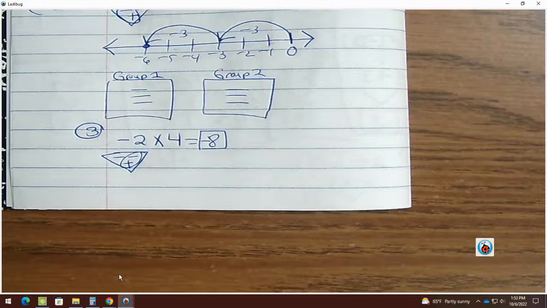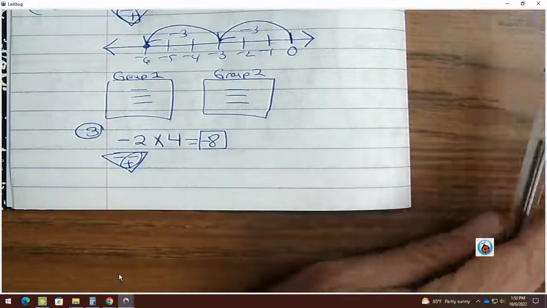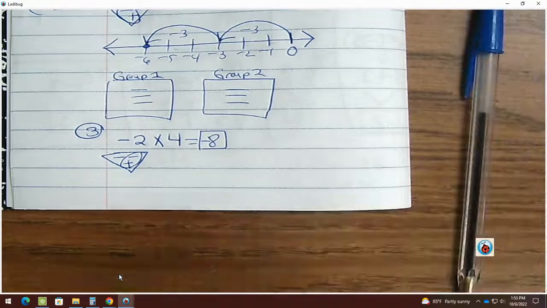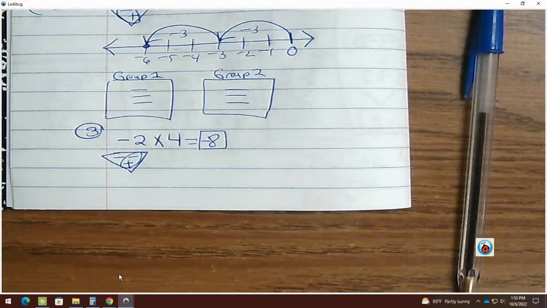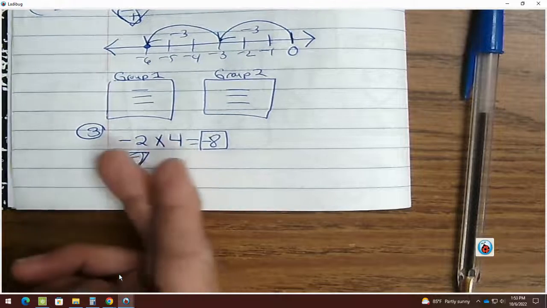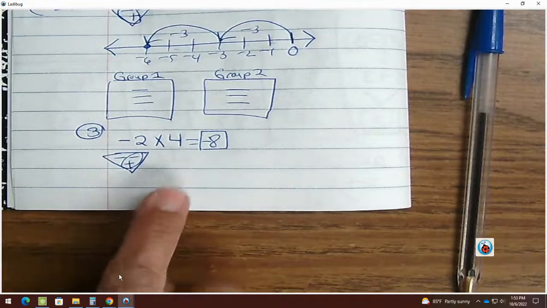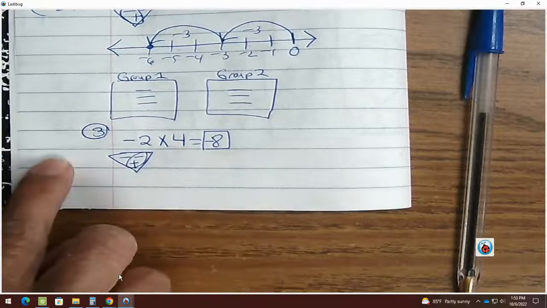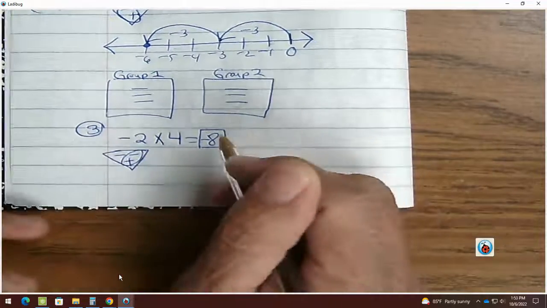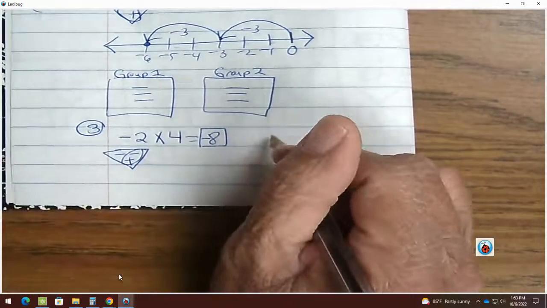Now let me show you the model. Now listen to this one because you're going to get confused. In life, I cannot say, let's make negative 2 groups. Can I say that? No. But we have a property called the commutative property. So I can say, let's make 4 groups of negative 2. So son 4 grupos de negativo 2. So I'm going to make circles this time.